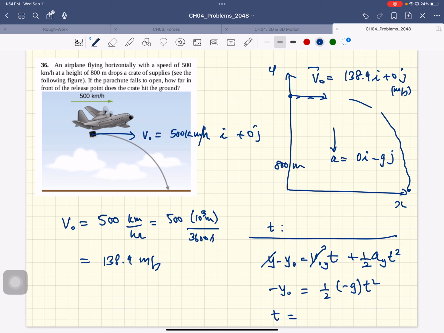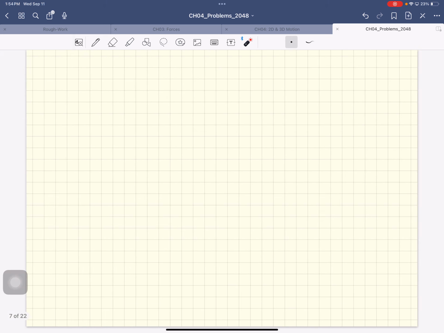And just like last time, if the y component of the velocity is 0, that means it's the same as if you're dropping it from rest. And if you drop from a height of y naught, the time of flight is the square root of 2 y naught divided by g. Okay, if you have an initial velocity toward the ground, then the time of flight will be less. If you have an initial velocity upward, the time of flight will be greater. So this is how long the package was in the air.